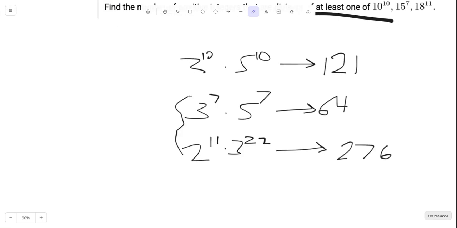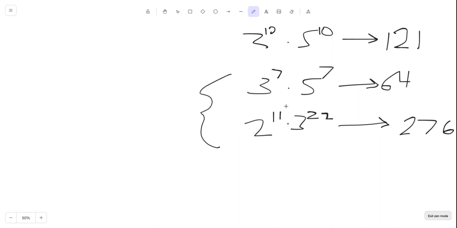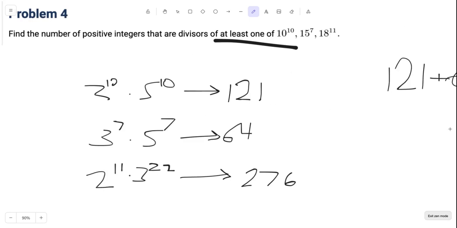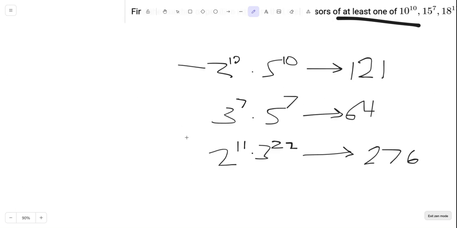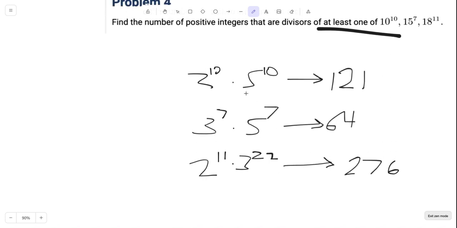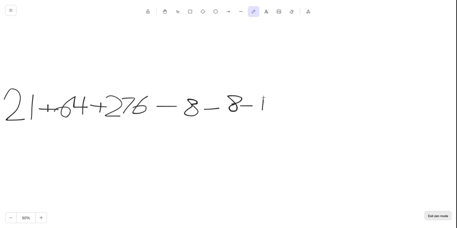From these two, only 3 is common, and the highest exponent is 3 to the 7, so 3 to the 7 gives 8 more factors. Subtract. And from these two, we clearly have 2 as the common factor, and 2 to the 10 goes into both of them, which means there are 11 common factors.